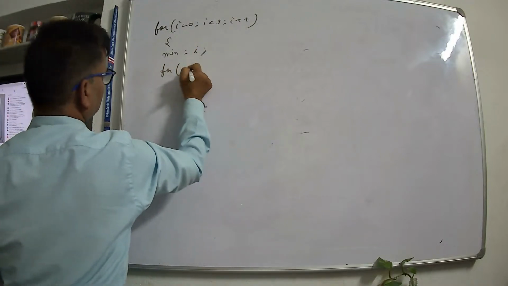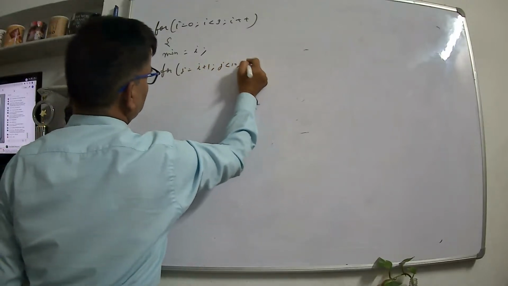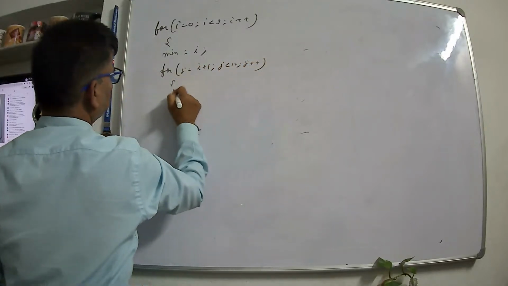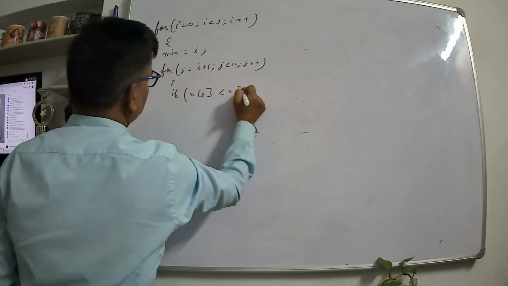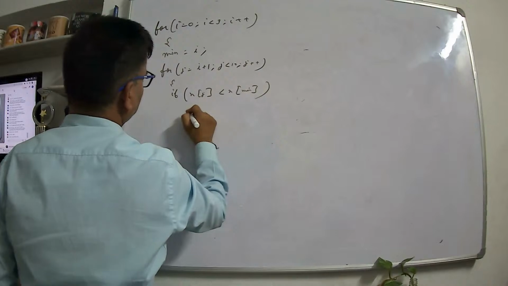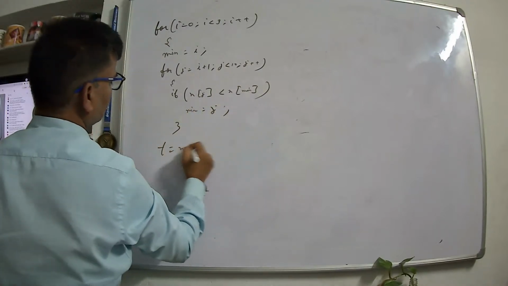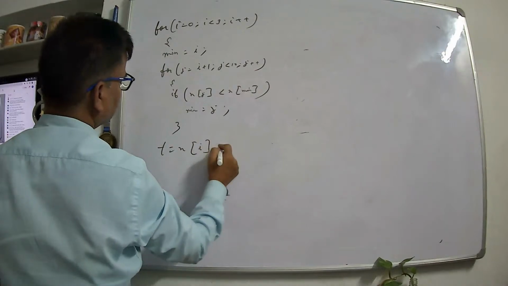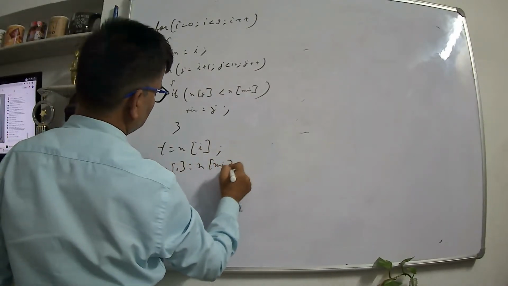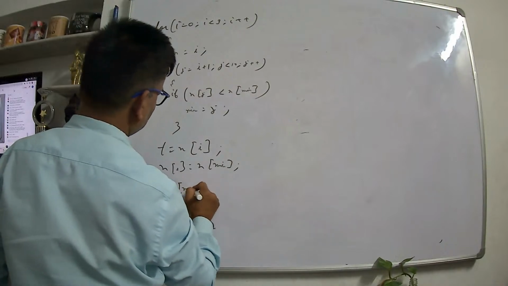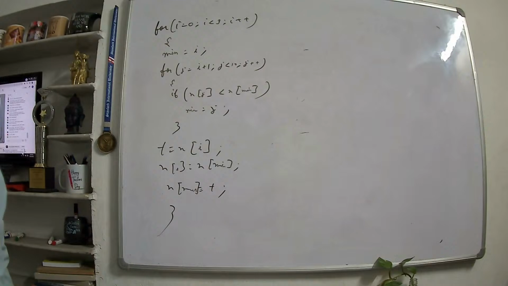For j equal to i plus 1, j less than 10, j plus plus: if n[j] is less than n[min], then min is equal to j. This is done. Now t equal to n[i], n[i] equal to n[min], n[min] equal to t, and then you display it.